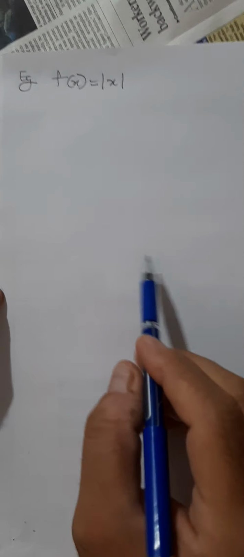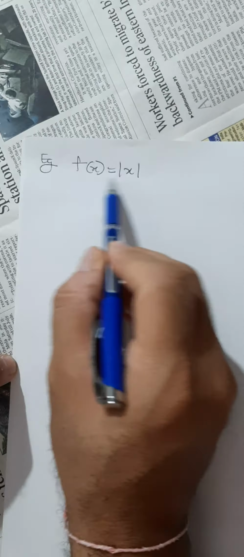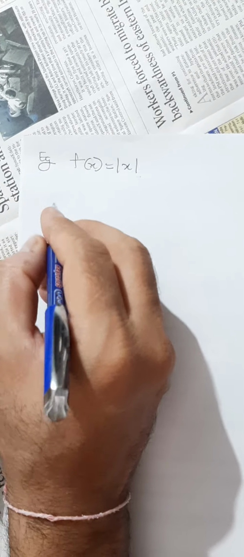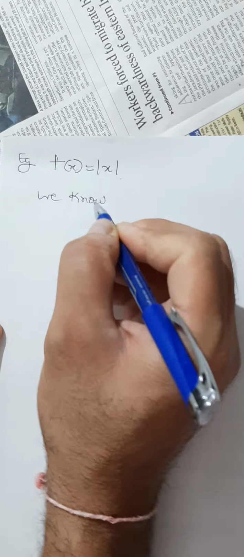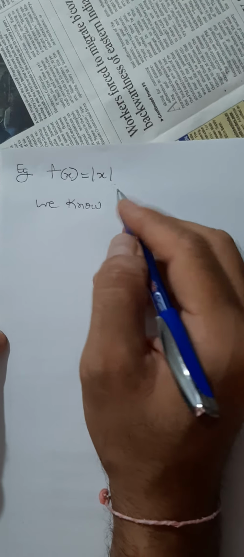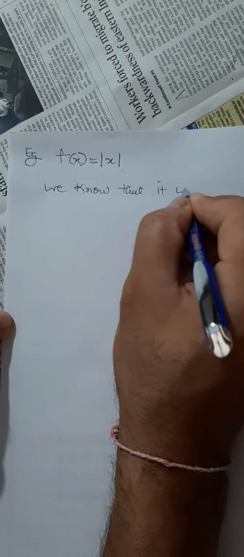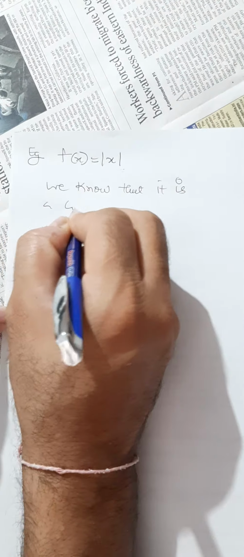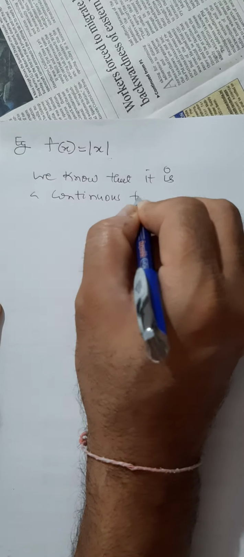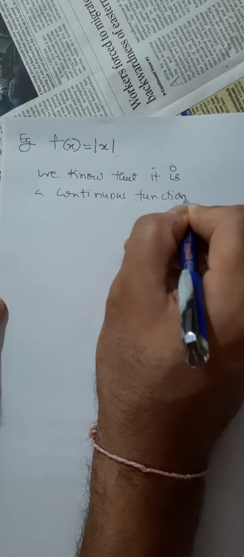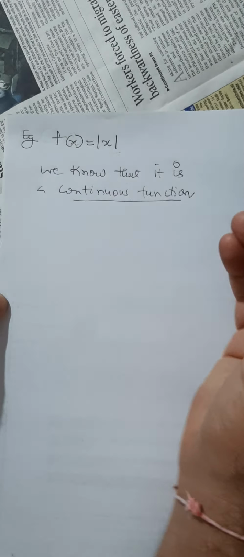So now I'll consider the modulus function. This is a very standard function, f(x) equals modulus x. We know that this is a continuous function. We did it. You just go to the session on continuity. It is a continuous function everywhere in the domain.